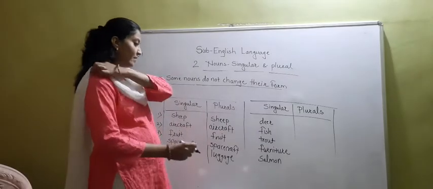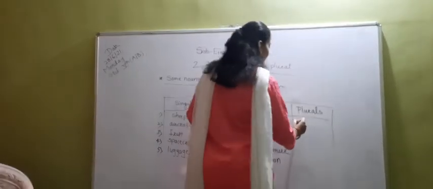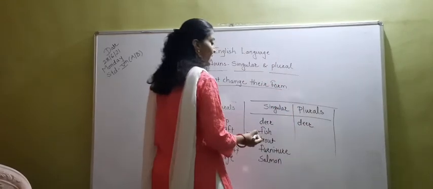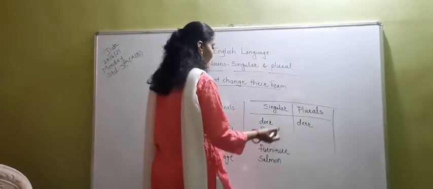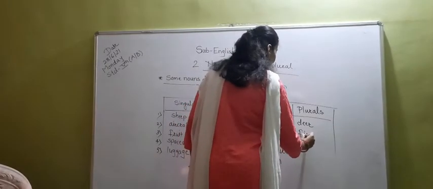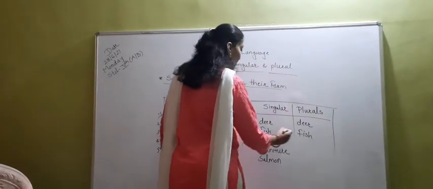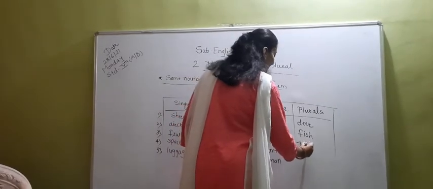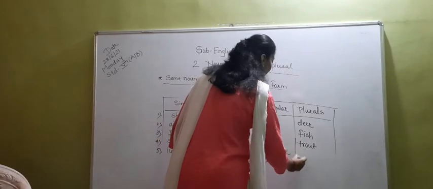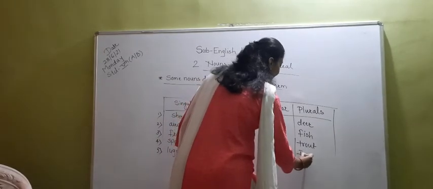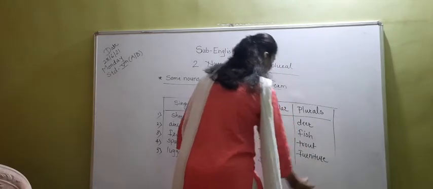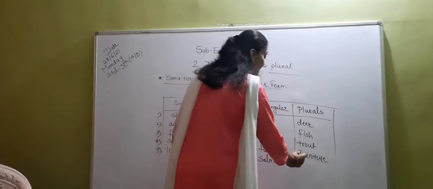Now see, deer. We have to write down deer in the same way because this word never changes when we are writing the plural. Fish, fish. Trout, trout. Furniture will remain as furniture. And salmon remains salmon.